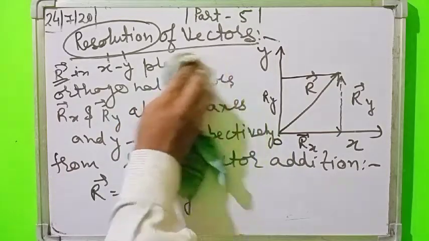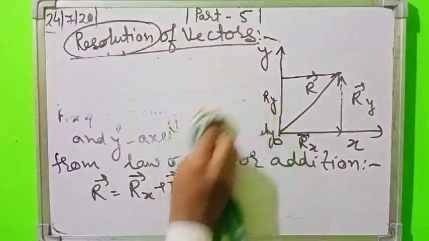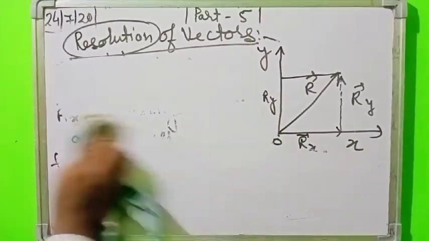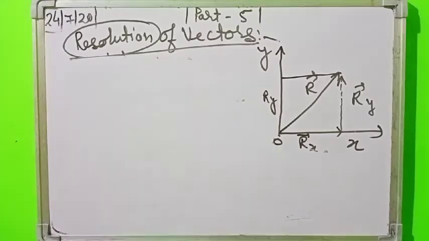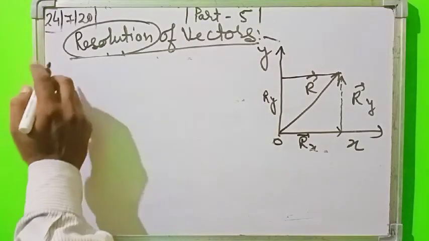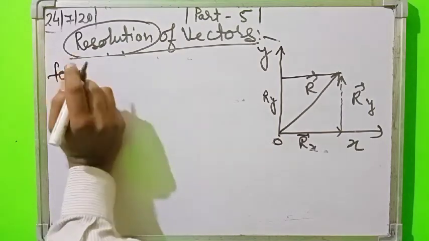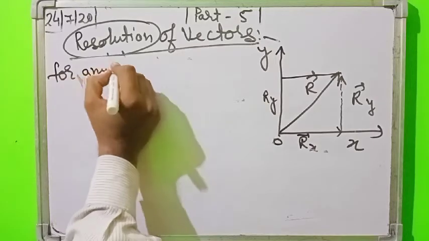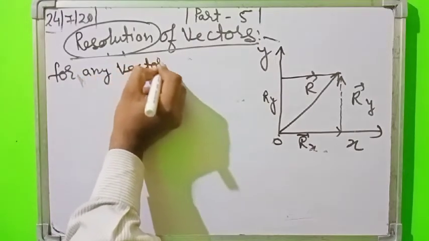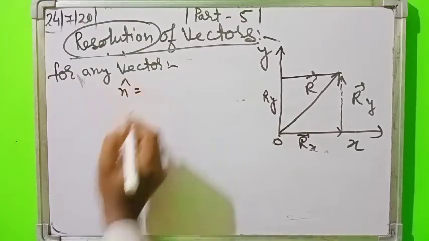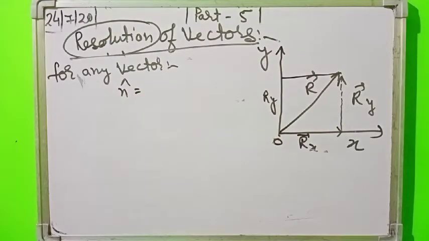dear students, we had studied about unit vector. When we were discussing types of vectors, we had discussed unit vector. For any vector, a unit vector can be represented which represents the direction of that vector.